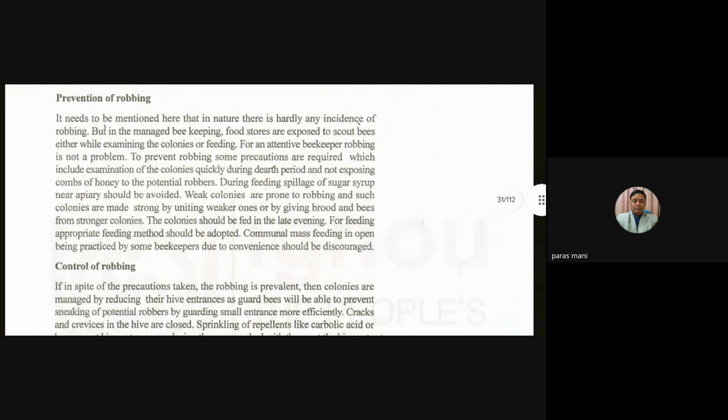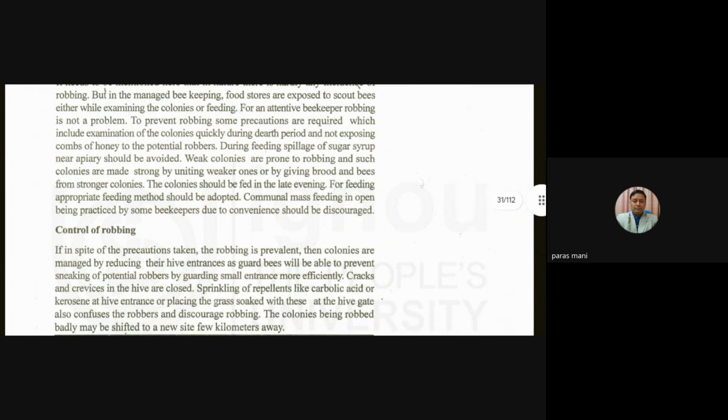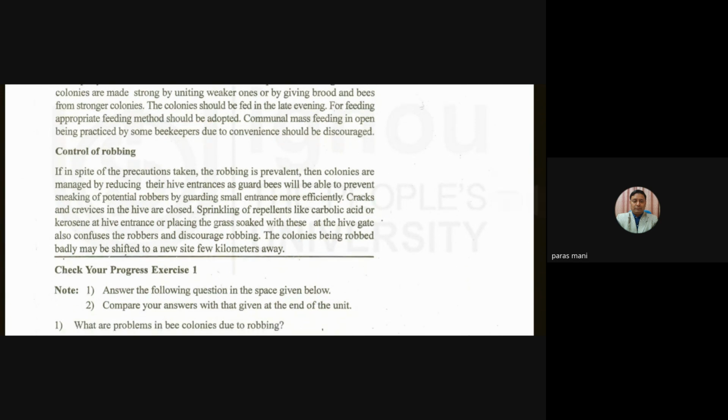How to prevent robbing? We have discussed it earlier. Sugar syrup must be fed within the boxes, and we should not expose it for a long time. Each colony must be given feeding separately.